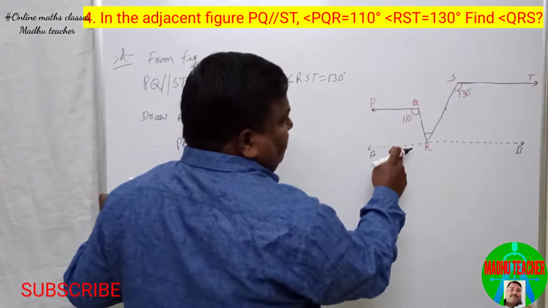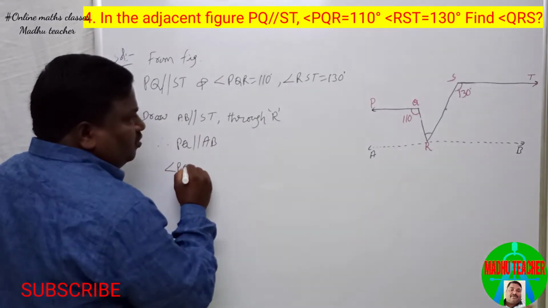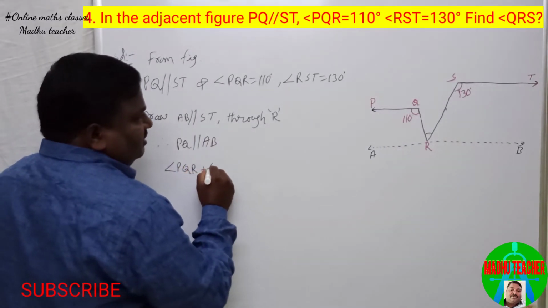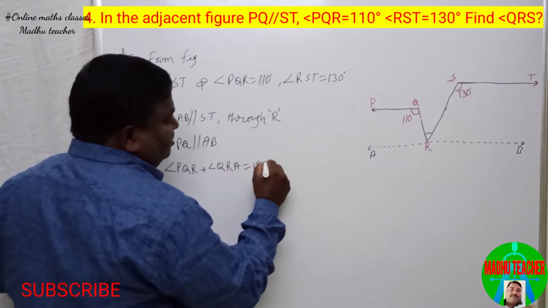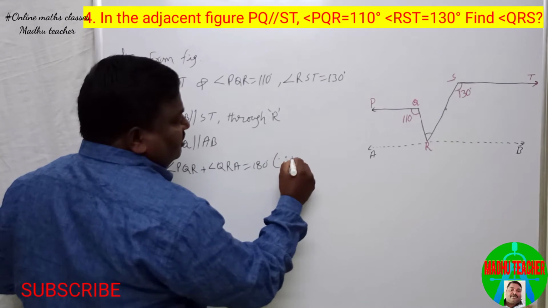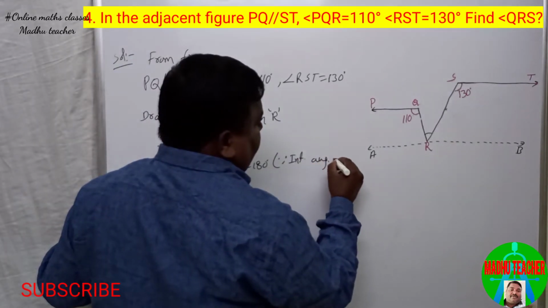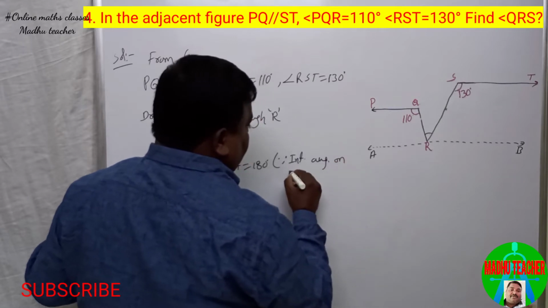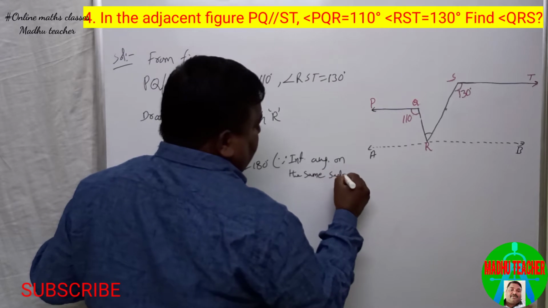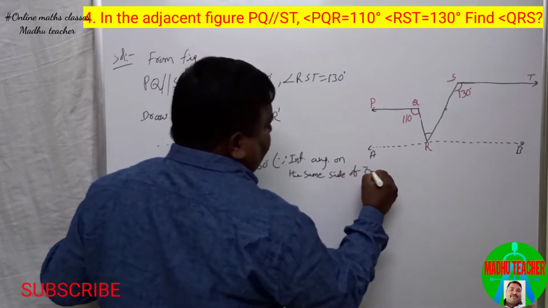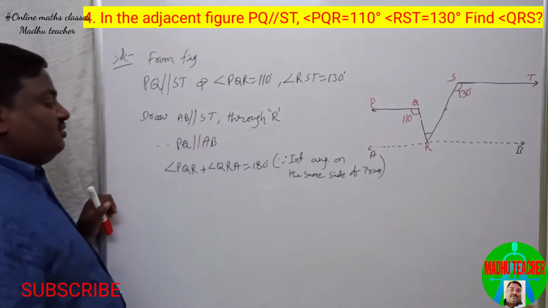PQ is parallel to AB. So therefore, angle PQR plus angle QRA equals 180 degrees, since they are interior angles on the same side of the transversal.